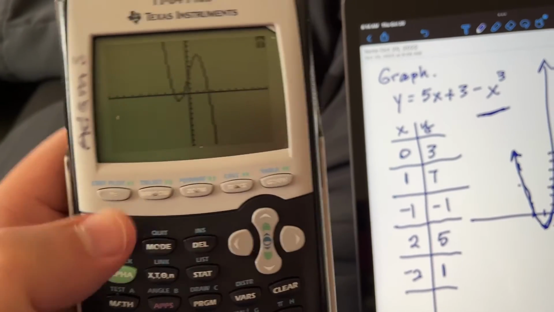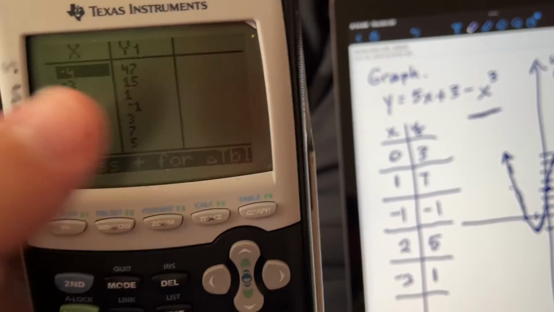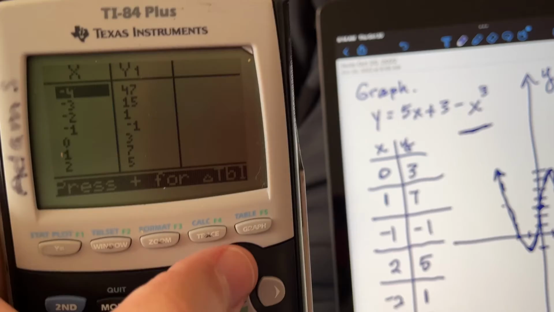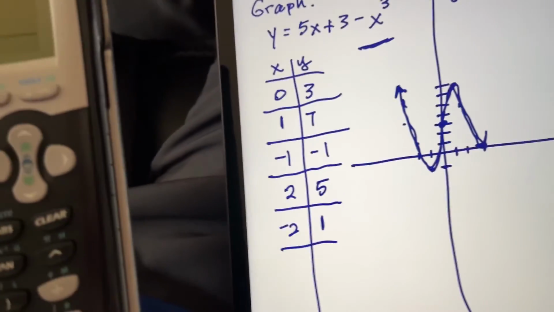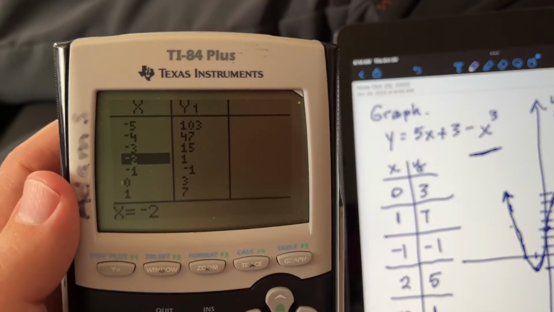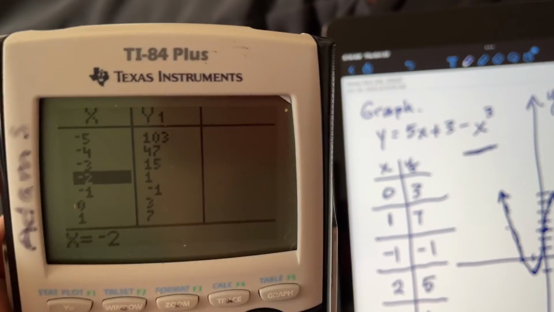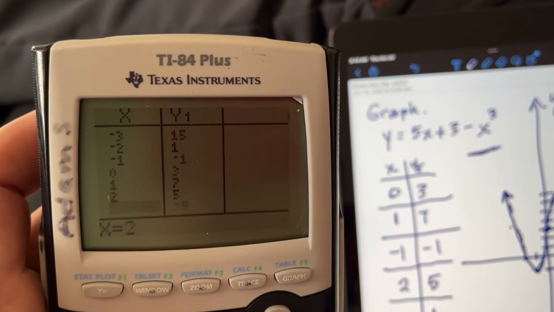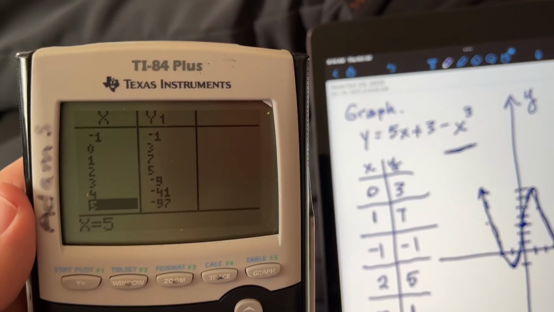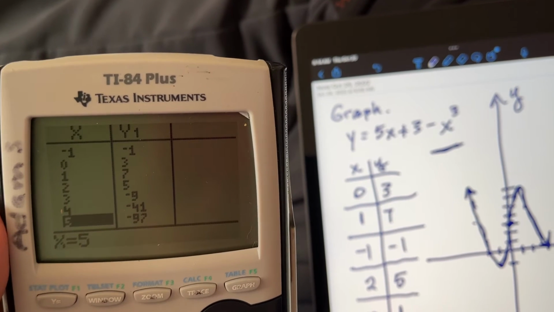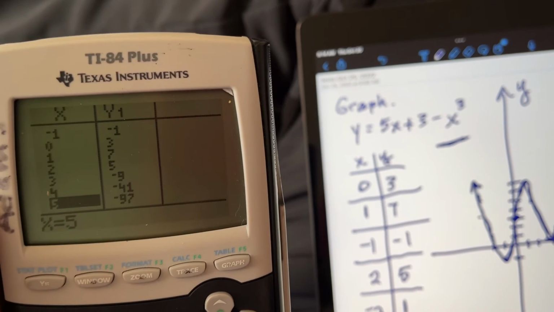You can also hit second and table, and look at your table of values just to double check that your table's right. Or if you had trouble calculating, you could use this table on your calculator to do a lot of that for you. So this is graphing polynomial equations that have higher degrees.